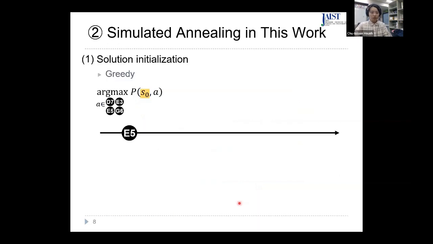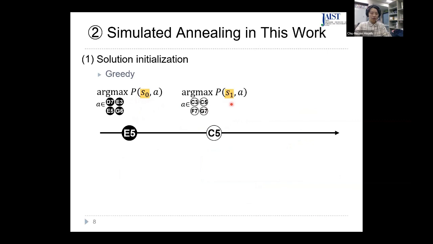So first is solution initialization. We propose a greedy method. Starting from the initial position, we select a black stone that has the highest probability to be selected. Then we play this black stone, which leads us to the next position.